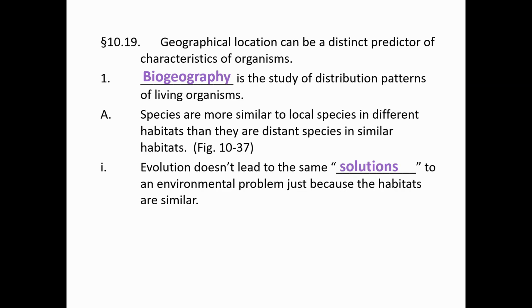It depends on what traits are already present in the organisms facing that problem. So if there are similar traits, you might see similar solutions, but just because the environmental pressures are the same doesn't mean you get the same outcome, because you have to look at what traits you are even starting with in the first place.